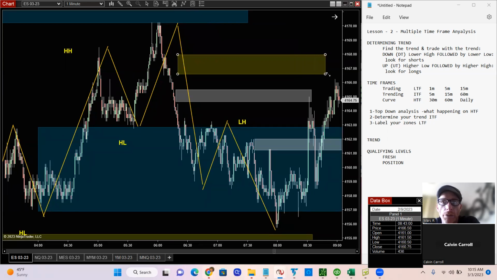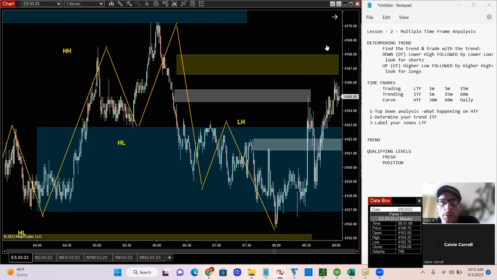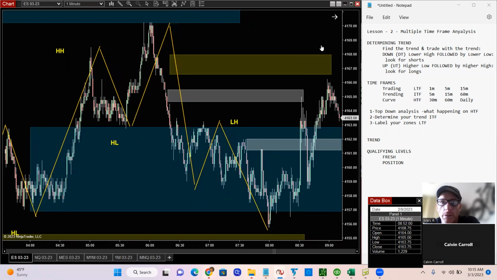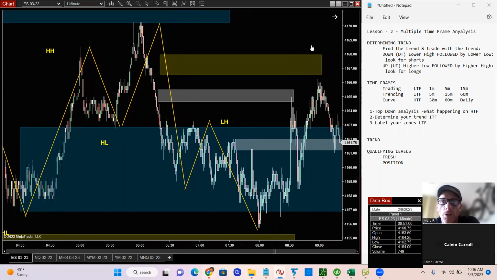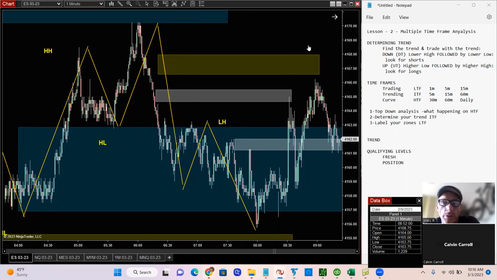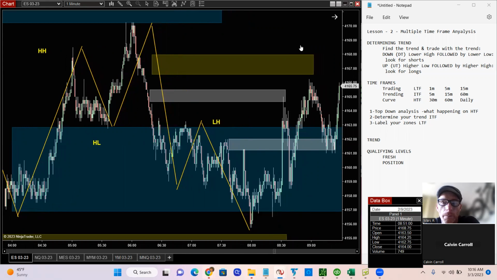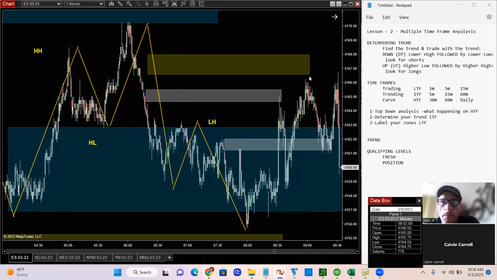Now, how you mark your levels is also going to affect whether you are or are not getting into a trade. So in this particular case, I can go back to a 5 and check that, but I'm pretty sure that was more or less the exact low where I had this level marked before we started this conversation.